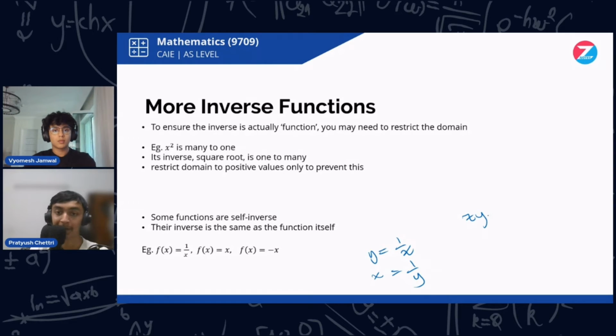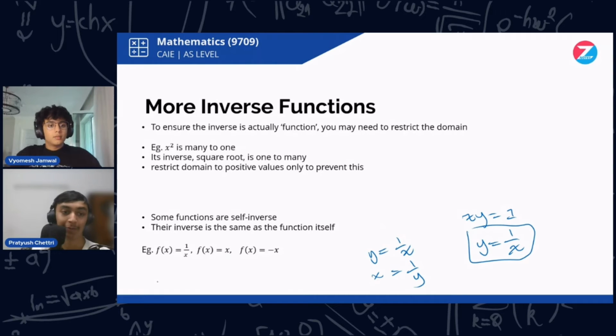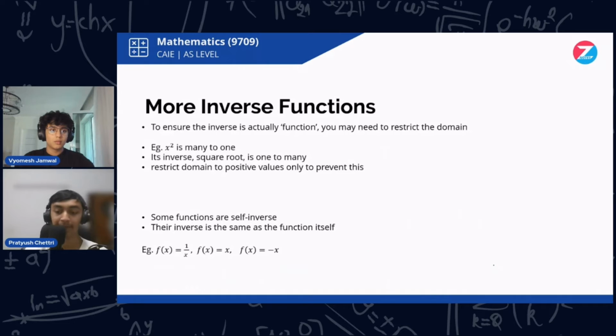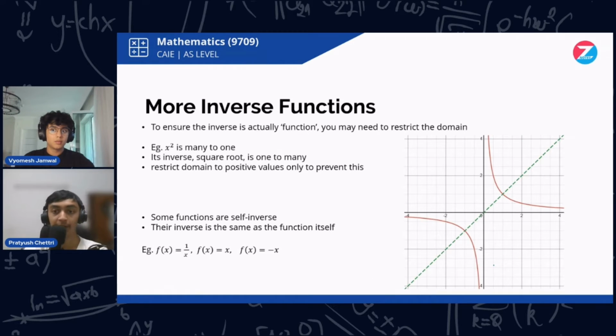So xy equals 1, divide by x. Whoa ho ho, would you look at that? You're left with the same thing. So f minus 1 of x is equal to f of x. It's not really a question they ask, but sometimes the concept does come up. So good to have this knowledge.